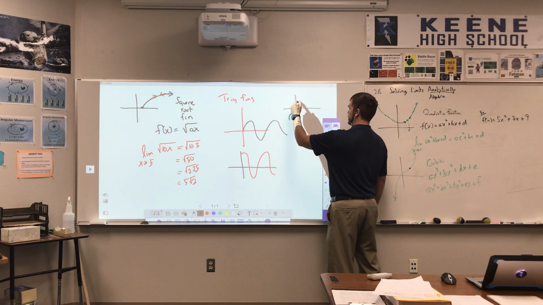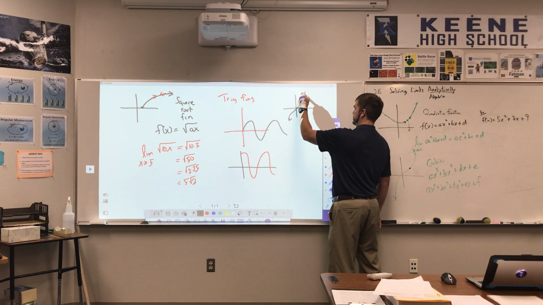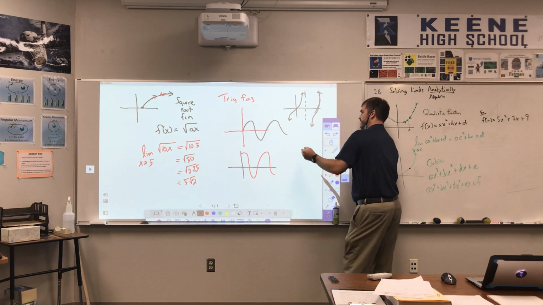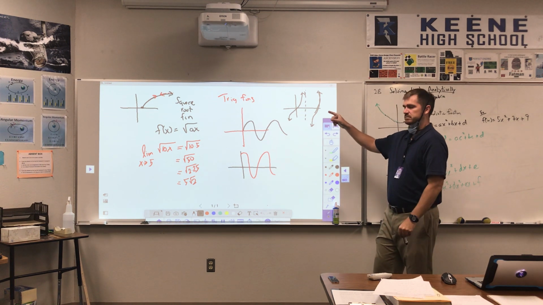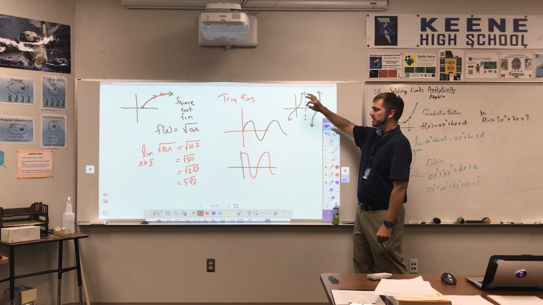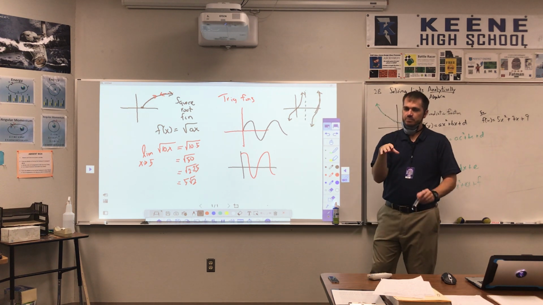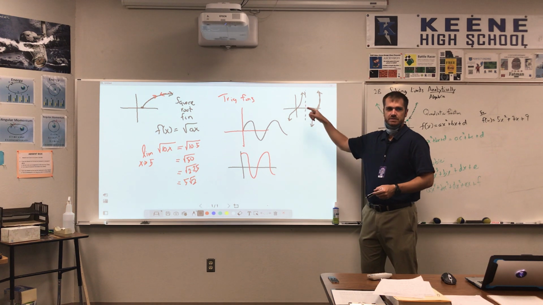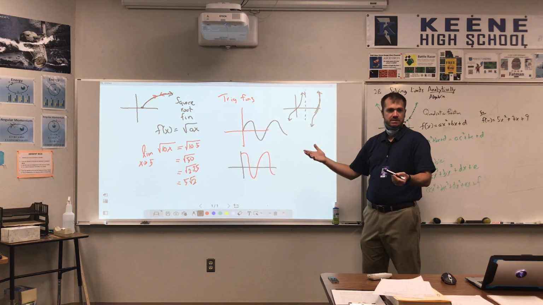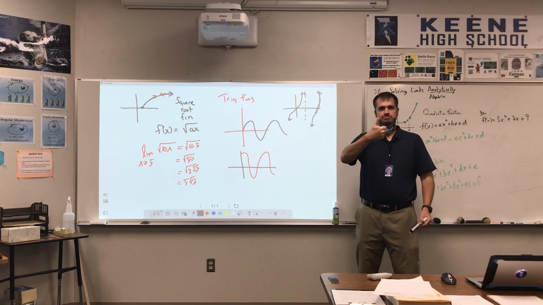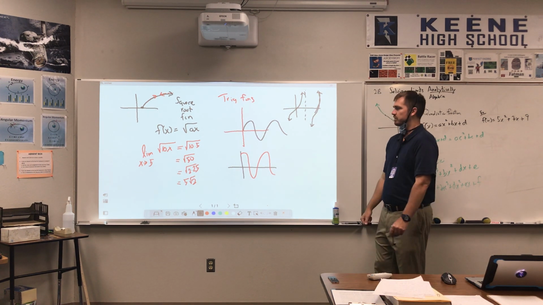Tangent kind of did this little thing, and there were the asymptotes. So tangent, bad graph, has some asymptotes, so you can't do direct substitution. You can do direct substitution pretty much anywhere you want on tangent, except at those asymptotes, because there the limit doesn't exist. But for most trig functions, direct substitution is the way to go to find the limit.